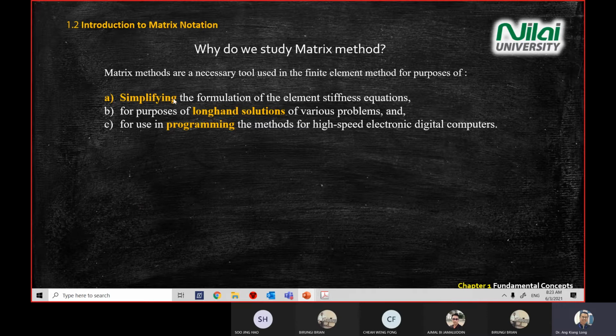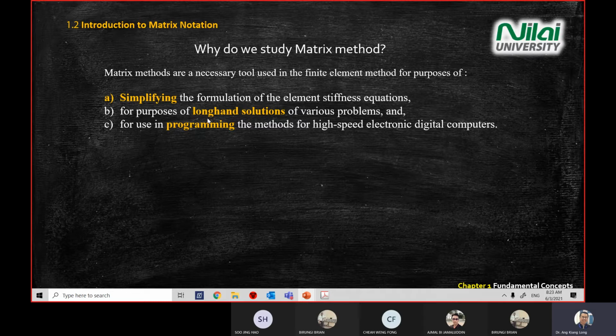You can simplify the formula in a cleaner, more structured way. If you learned calculus or advanced mathematics, when you deal with matrices, you know that you can combine three or two or maybe more equations into a bracket form of a matrix. This is what you learn in your calculus and advanced mathematics.